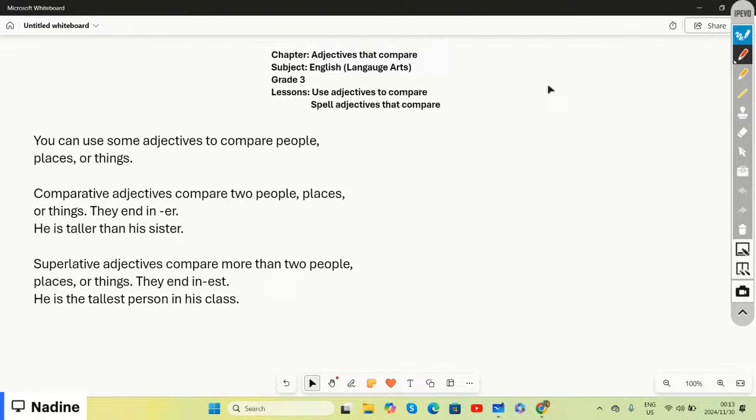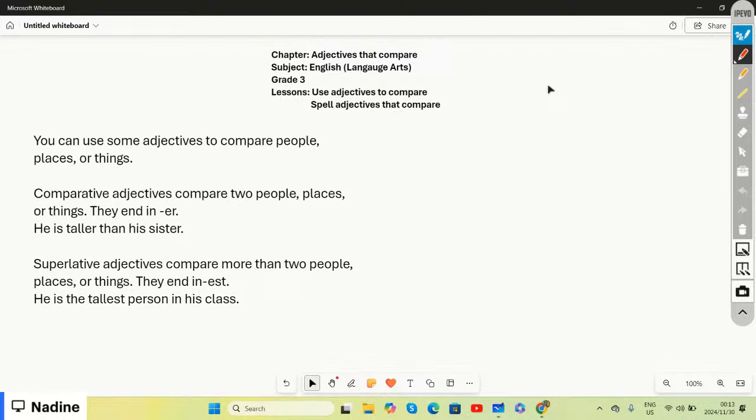So when it comes to adjectives that compare, an adjective, firstly, is a word that tells us more about a noun. It tells us more about people, places, animals, or things.